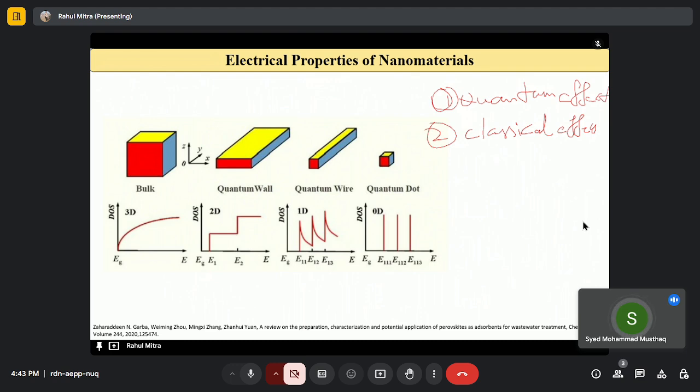So, the electrical conduction of electrons in systems considered large in size compared with the nanoscale: in this case, the conduction of electrons is delocalized. If you localize an electron, it's against the uncertainty principle.